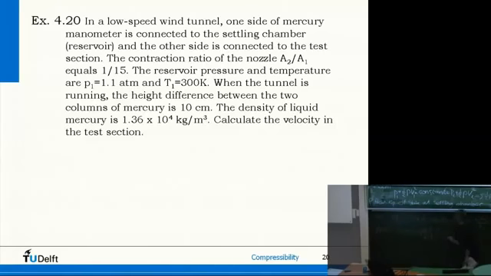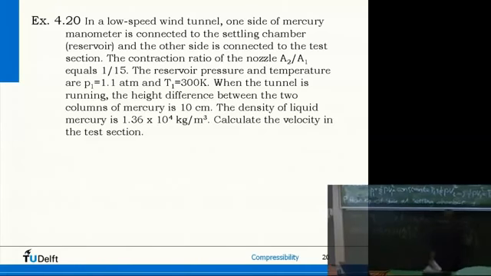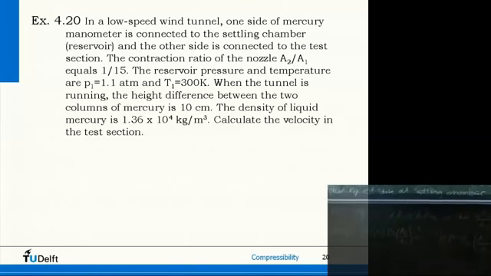Then we collect all the V2s on one side, so we get a half rho minus a half rho (A2 over A1) squared, times V2 squared, is equal to the pressure difference P1 minus P2.